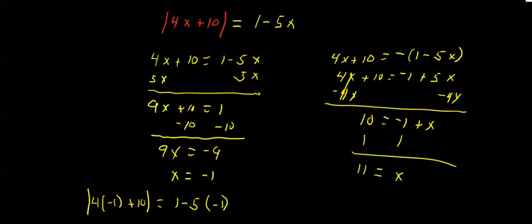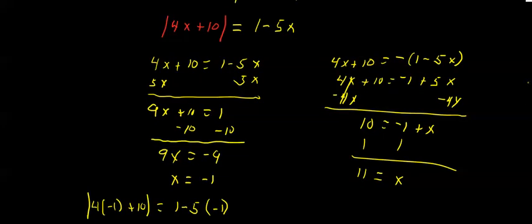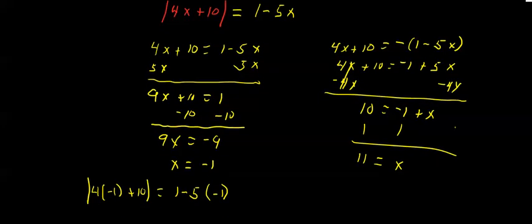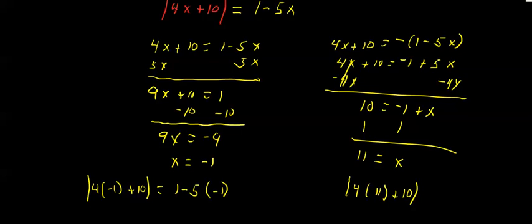I'm checking my answer here. And before I lose my equation, I'm going to write it down here. 4 times 11 plus 10 equals 1 minus 5 times 11.